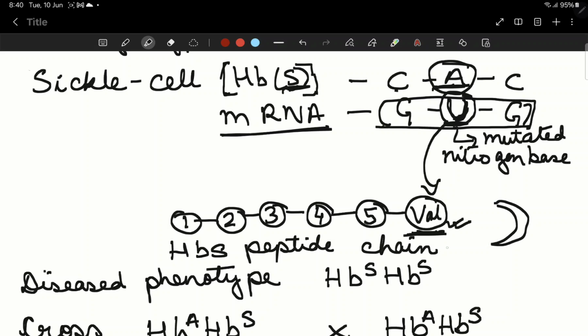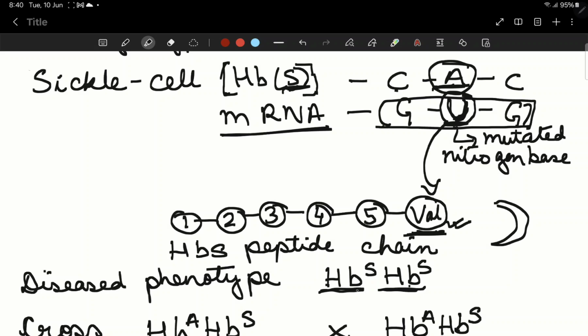Now the disease phenotype is in the homozygous condition, where both alleles are represented by HBS and HBS. Now how is the person affected by this?